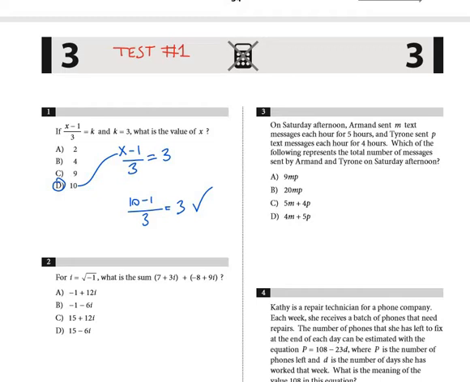Question number 2. We were given two complex numbers and we're going to do addition. Complex numbers are numbers in the form of a plus bi, where a is the real part of the complex number and bi is the imaginary part.